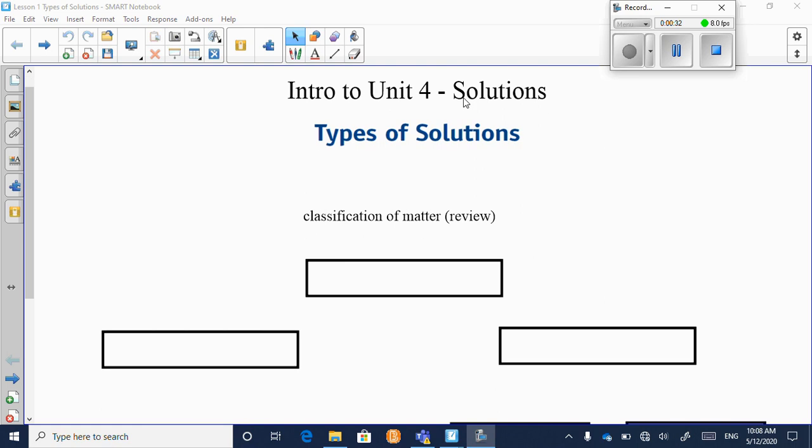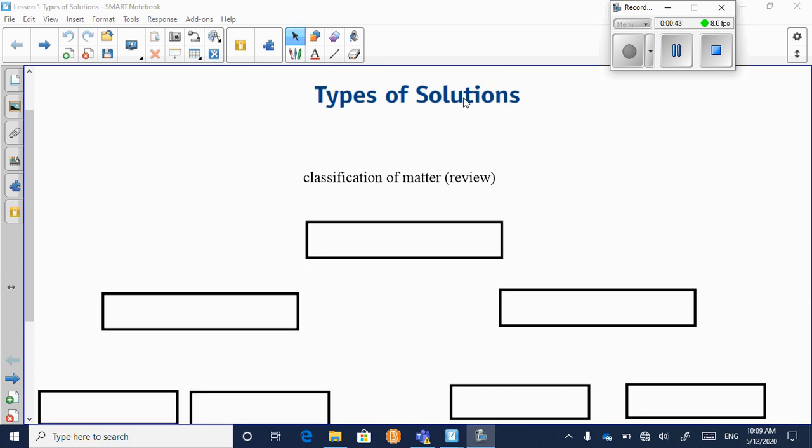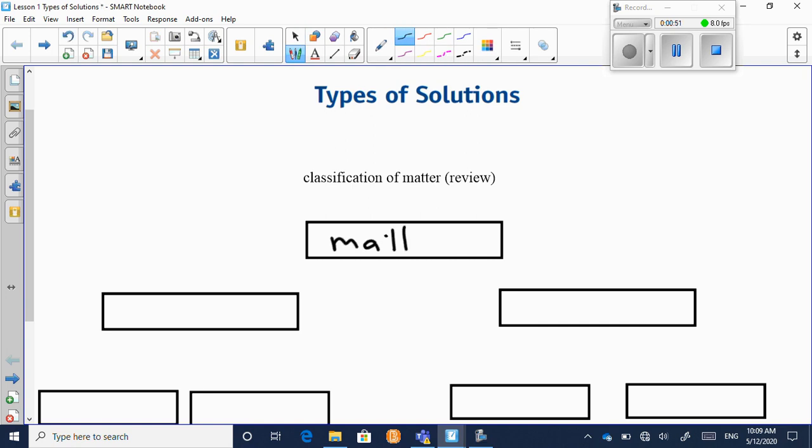And this was a chart that you guys have seen in grade 9, probably in grade 10, and we actually reviewed it in the first couple of lessons of grade 11. And that is the classification of matter. And essentially, we define all matter as being one of two main types. So matter can be either a pure substance, or it can be a mixture.